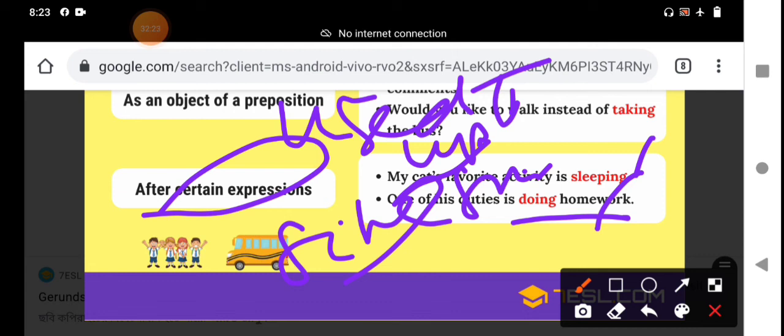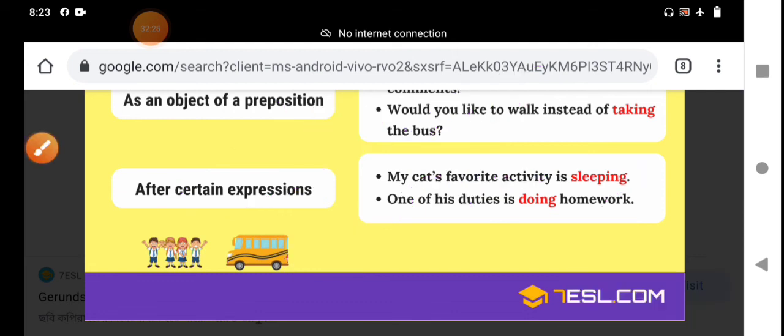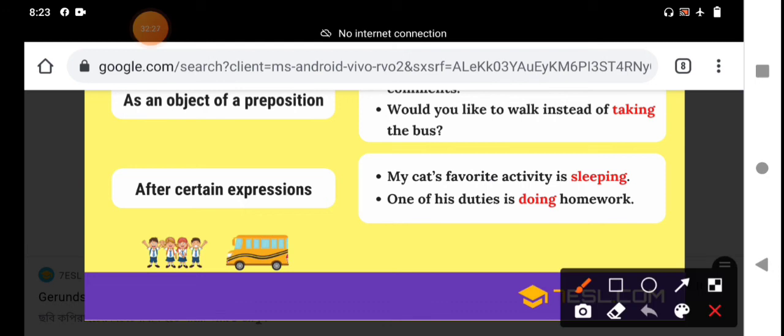One more set of expressions I will explain to you. After some expressions like can't help, can't stand, to be worth, it's no use, the gerund follows.